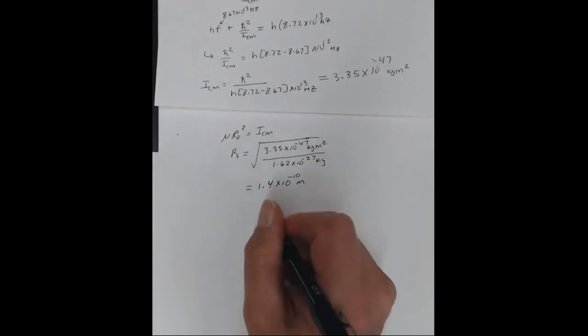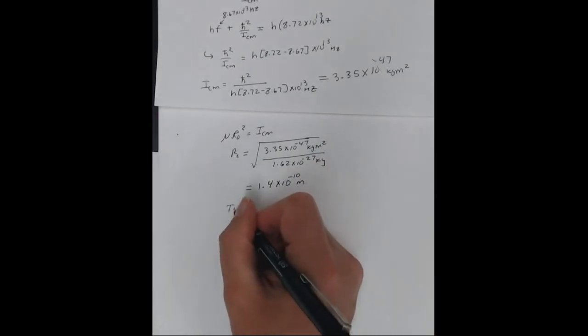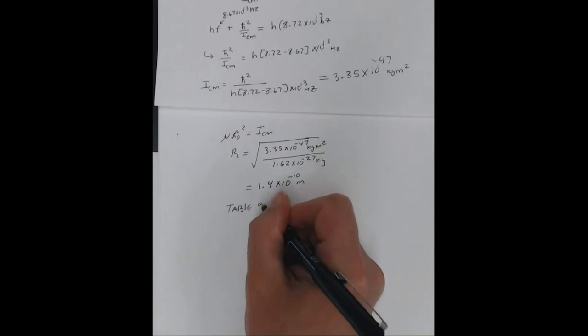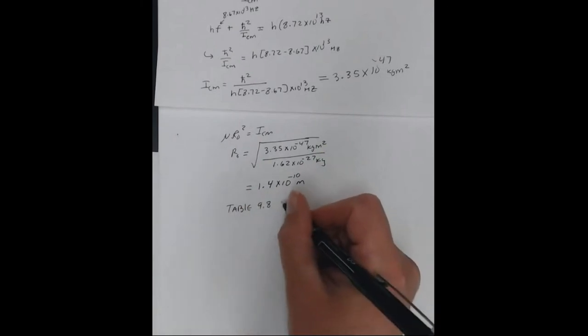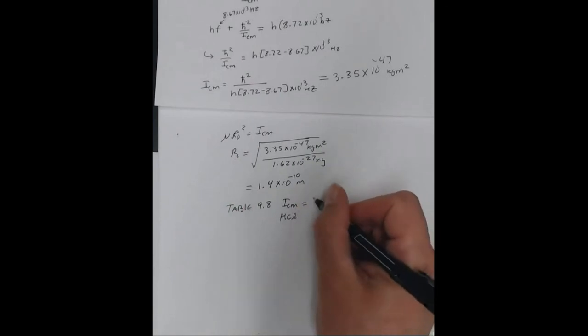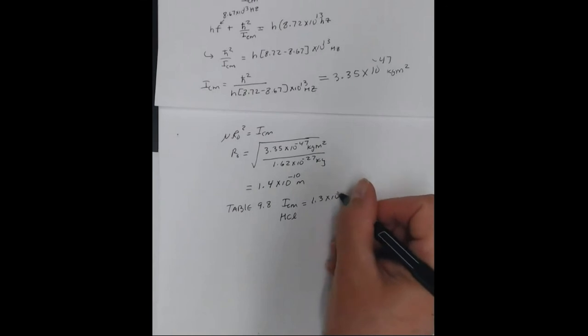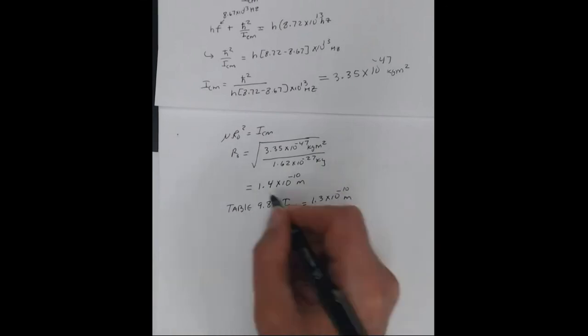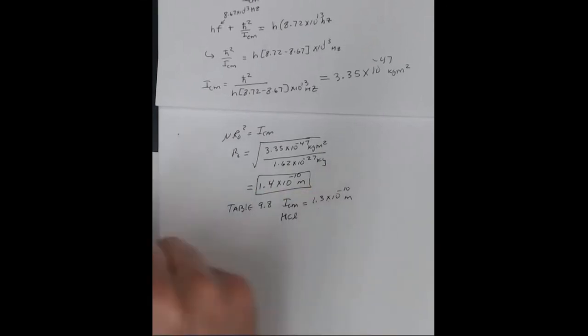So in your book, table 9.8 suggests r naught for HCl is 1.3 times 10 to the negative 10 meters. So we got pretty close with our rough estimate there.